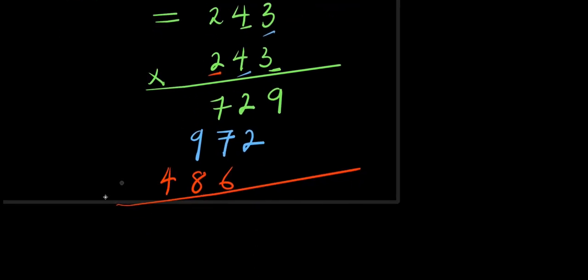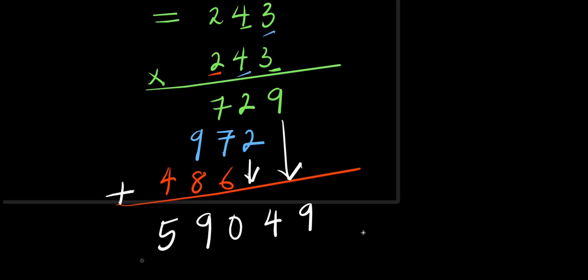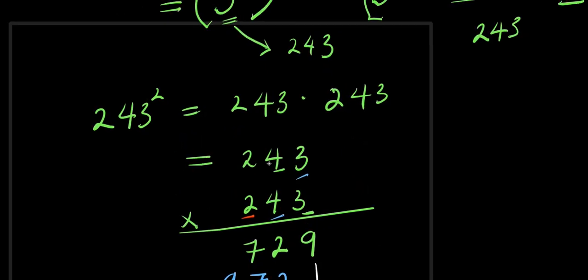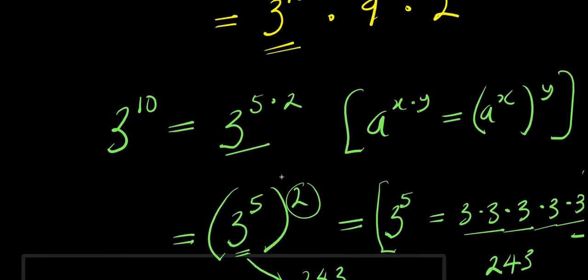The 9, we bring it down here. This is 4. This is 20. 0 carried over to here. This is 19. And this is 5. 59049. That is 243 power 2.